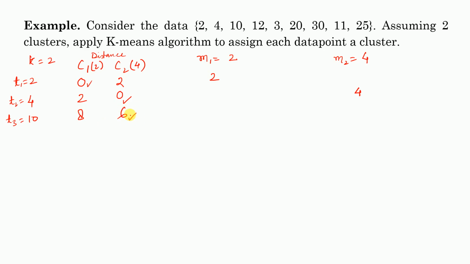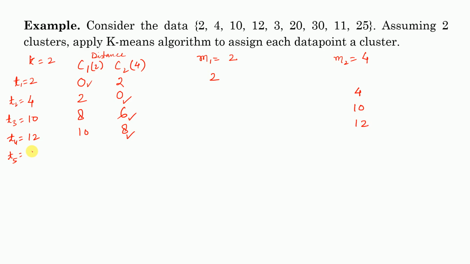So the minimum is this one, so data point 10 is assigned to this cluster. Now the next point t4 is 12. The distance from 2 is 10 and the distance from 4 is 8. So the minimum is this one, so this point is assigned to cluster number 2.